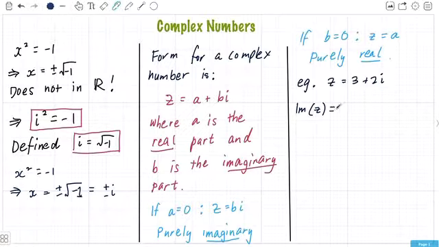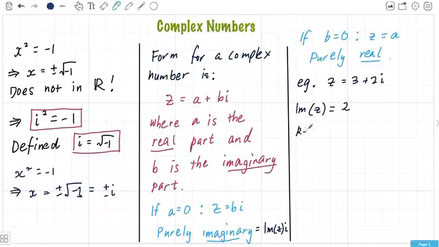The imaginary part is the part that is with i, but it doesn't include i. It's only asking for b. The imaginary part of z is just b, which is 2.